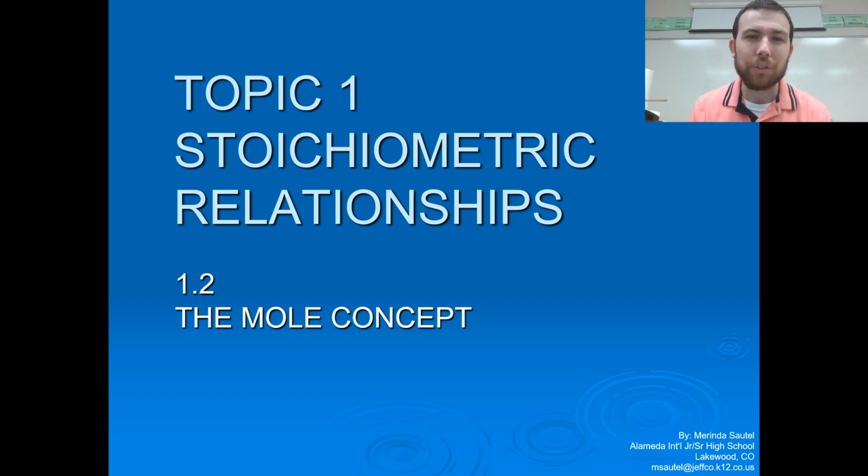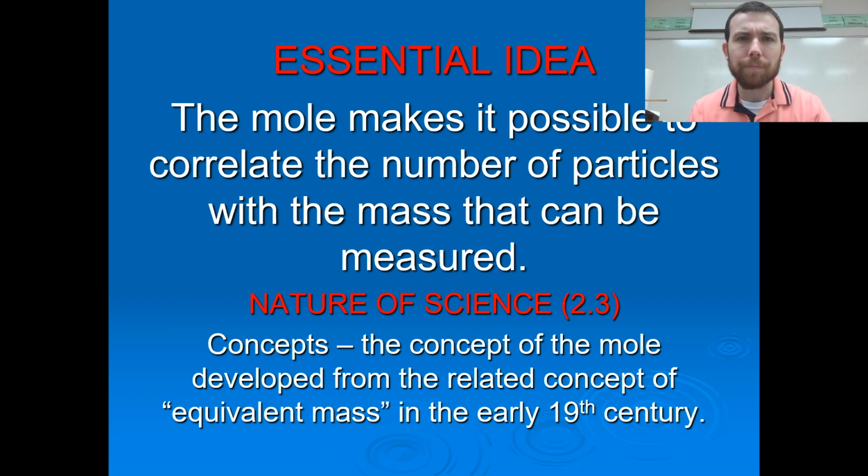All right. So what are we going to be looking at when we start to look at the mole concept, which for us, the mole, as we're aware, is a really big deal. It's pretty much essential to our understanding of chemistry, how we work with and use the mole to make different conversions and to move between different substances. Now, we should be able to recognize that the mole makes it possible for us to correlate the number of particles with the mass of the substance that can be measured.